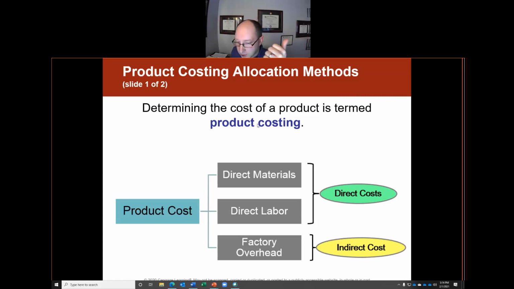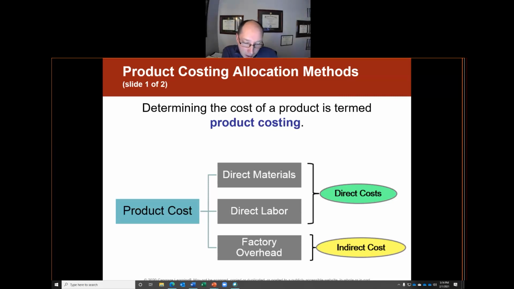Direct materials, as you know, are the bulk of the material cost needed to create a product. Direct labor are the employees directly touching the units being produced, right? Those are your assembly line workers. And then we have factory overhead.